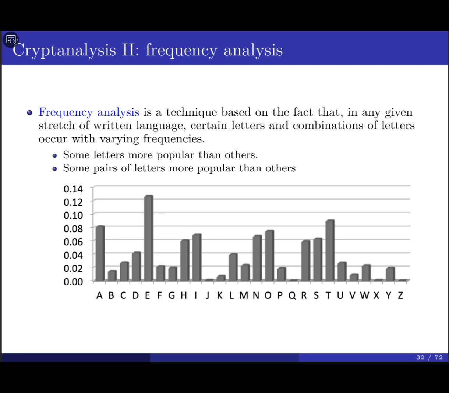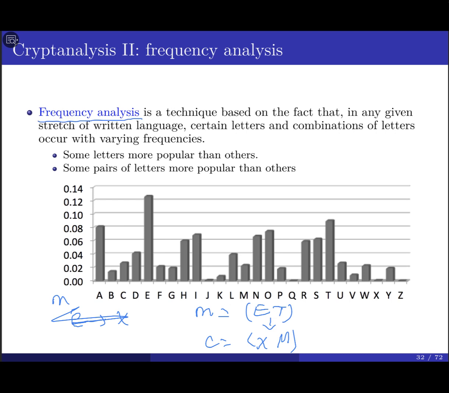Assume that we map E in the plaintext into X in the ciphertext, and T into M. So what I'm going to use here is what's called frequency analysis.